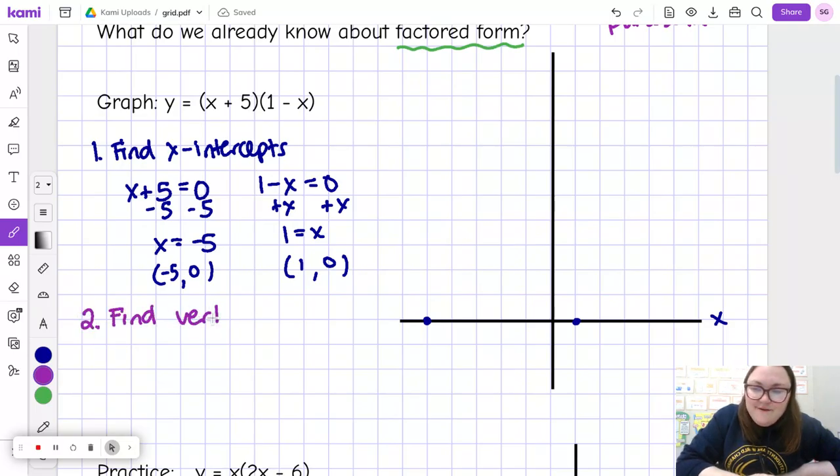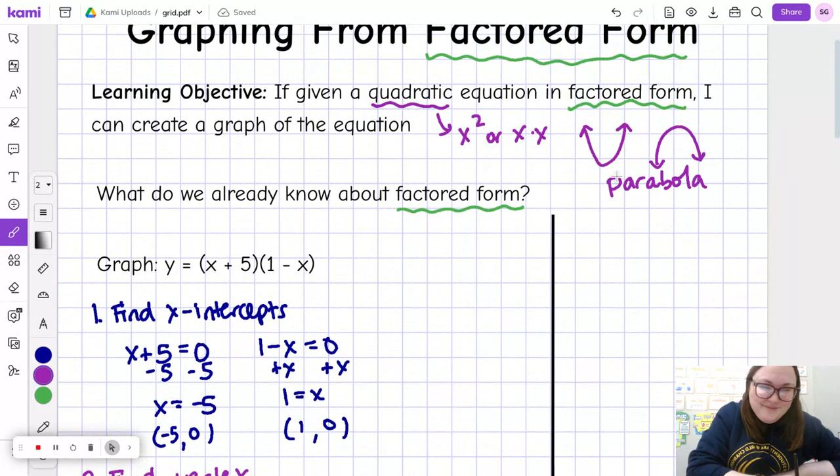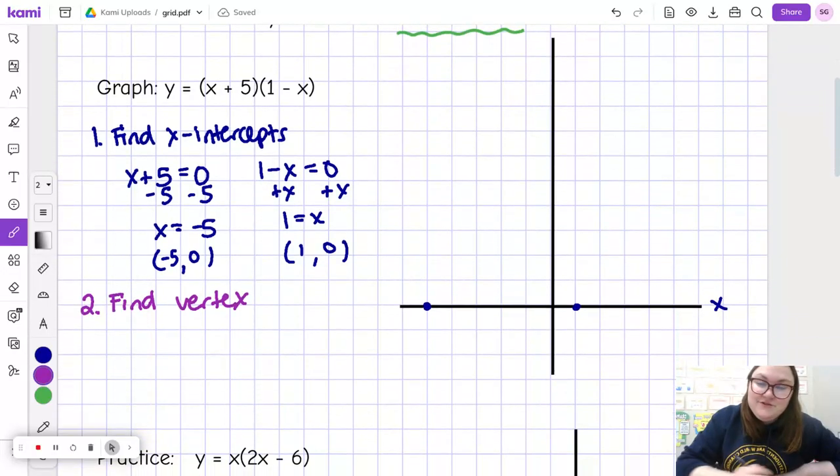We had talked about vertex in a past lesson. We go back up to those pictures of my parabolas. Your vertex, we learned, is either the lowest point or the highest point on the parabola. And so if I know where that vertex is, that will be enough information for me to draw my graph.